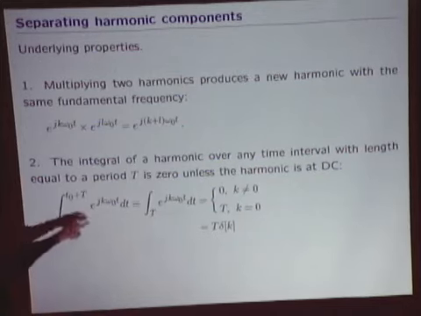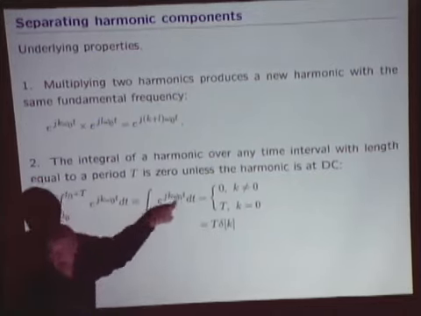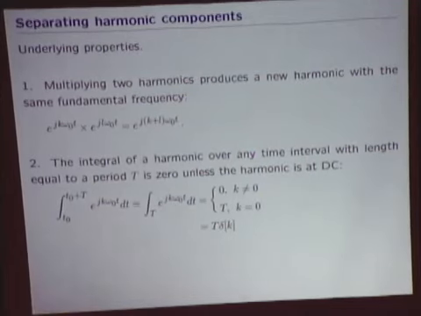If you integrate any harmonic signal over the period T, there are only two possible answers. If you integrate e to the jk omega naught t over one period, there will be k periods in there.